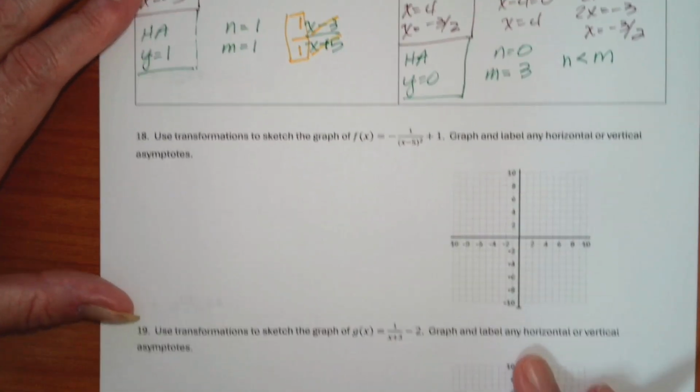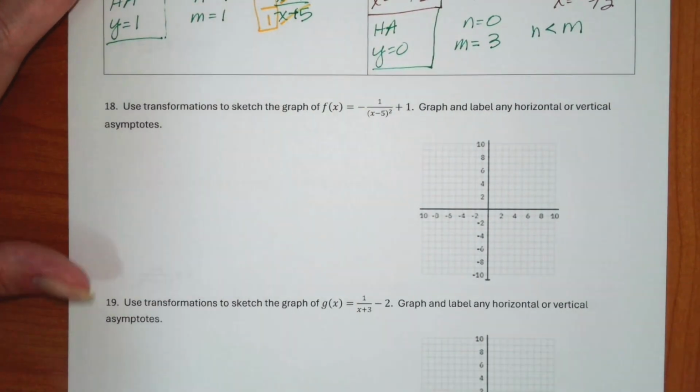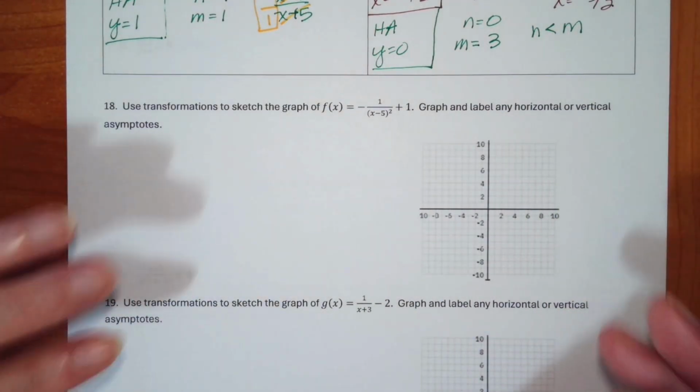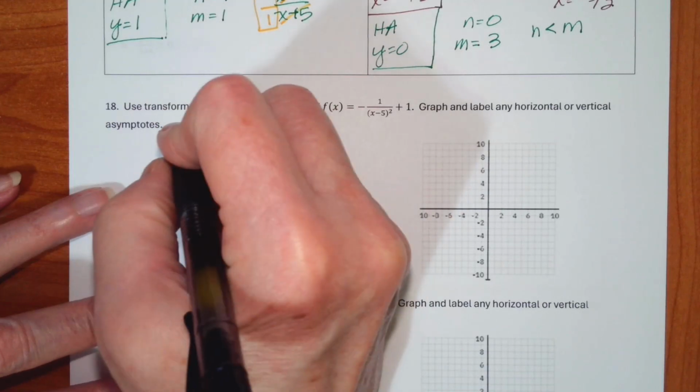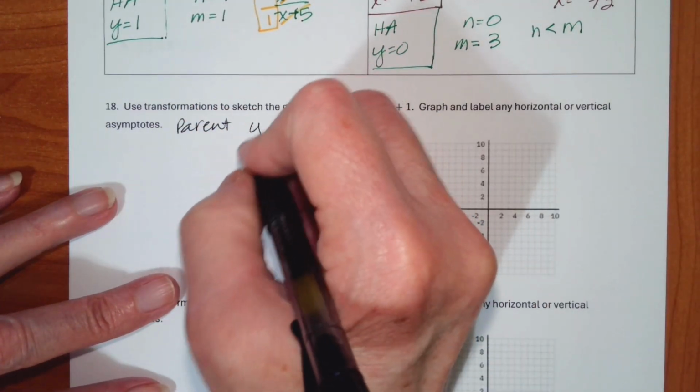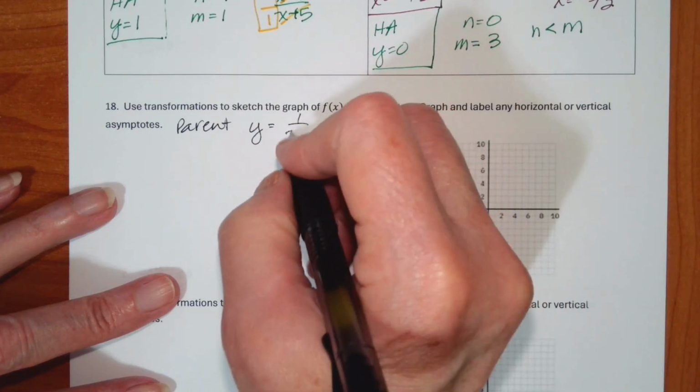Okay, so we're going to use transformations now to sketch the graph of this, and graph and label any horizontal or vertical asymptote. Okay, here's what I'm always going to do. I'm going to start out with my parent function. So the parent is y equals 1 over x squared.